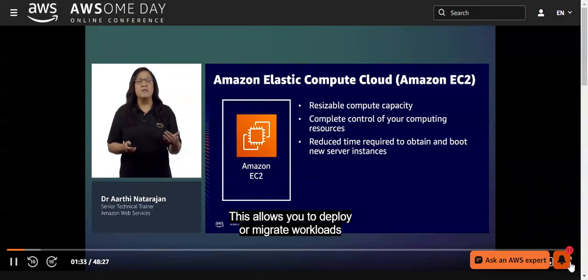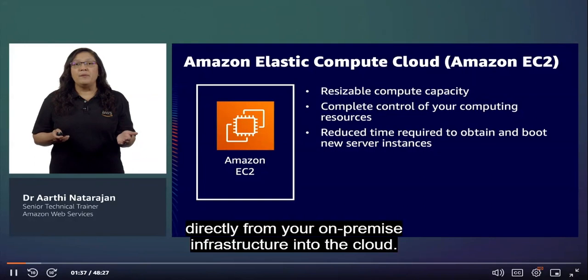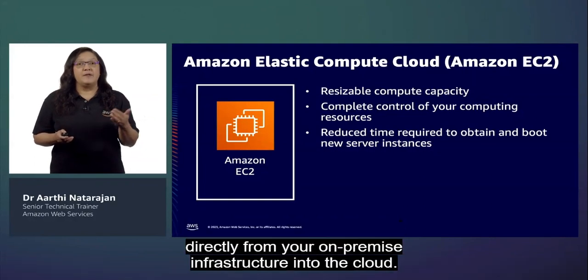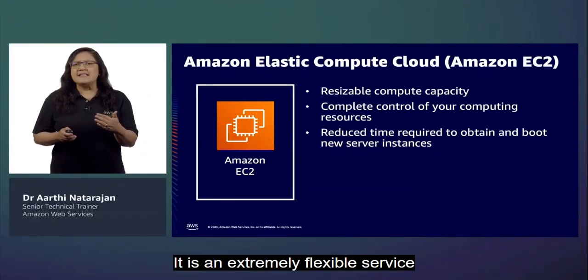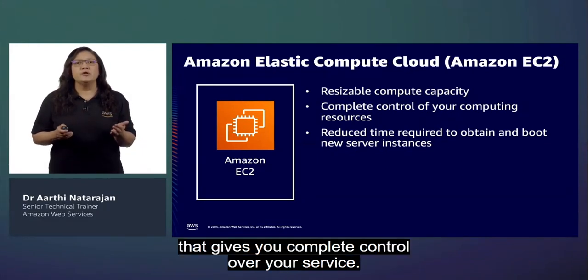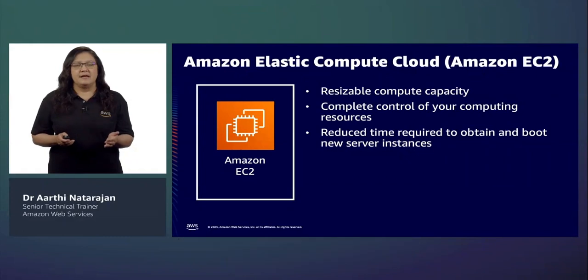This allows you to deploy or migrate workloads directly from your on-premise infrastructure into the cloud. EC2 supports Linux and Windows and Mac OS in select regions. It is an extremely flexible service that gives you complete control over your service.